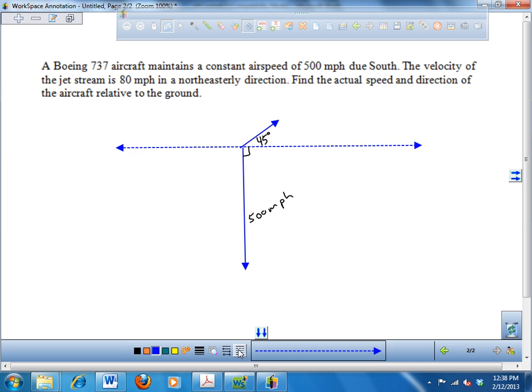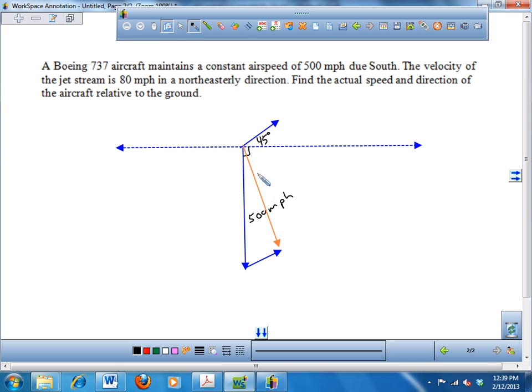So if I wanted to add these two vectors together, the resultant vector is going to be this one right here. That's what we're trying to find, the magnitude of that vector, which will give you the actual speed.